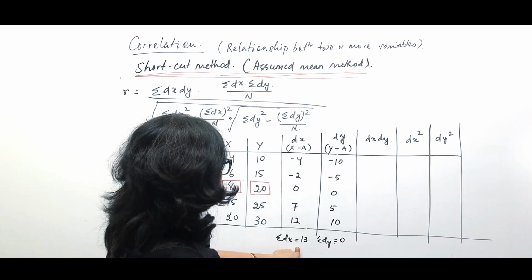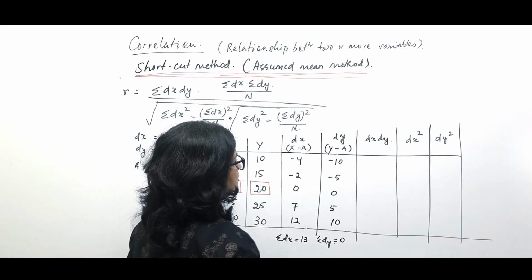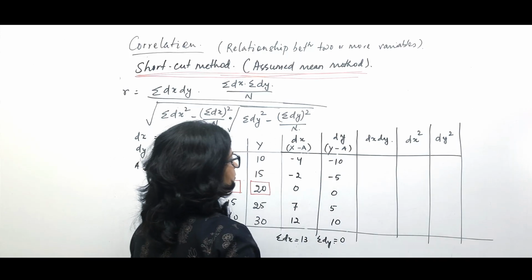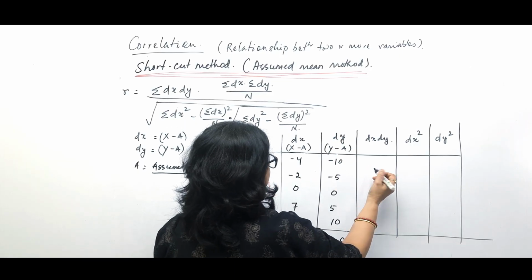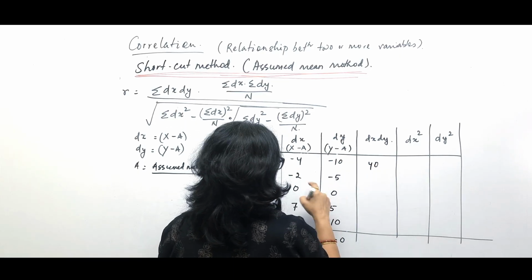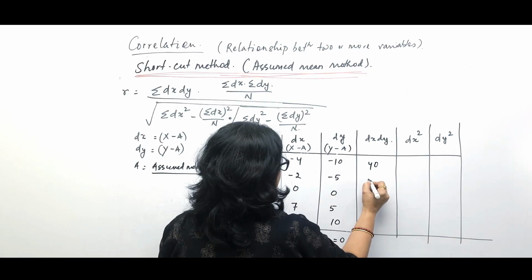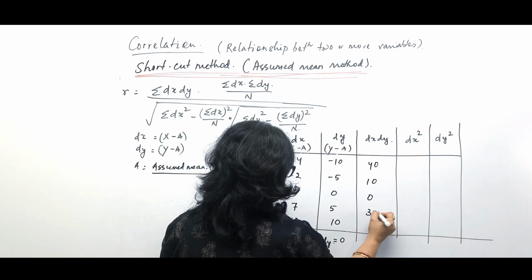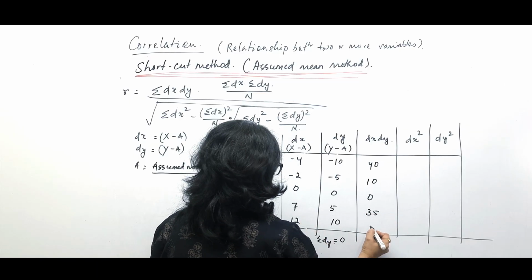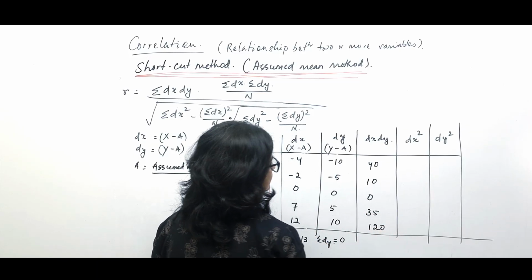Normally we don't need this one, but still we are calculating dx dy. Dx into dy: minus 4 into minus 10 is 40, minus 2 into minus 5 is 10, 0, 35, and 120.